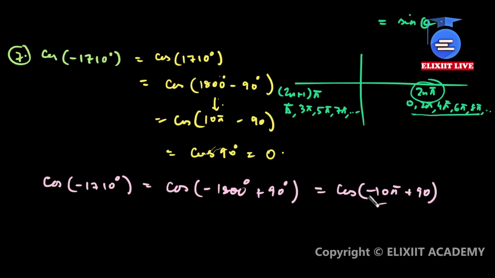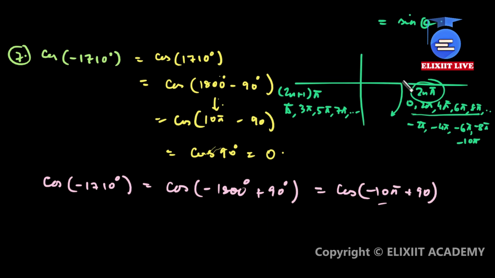In the clockwise rotation the angle is negative, so 0, minus 2 pi, minus 4 pi, minus 6 pi, minus 8 pi, minus 10 pi will also come over here. N can be a negative value also if you take the clockwise rotation.